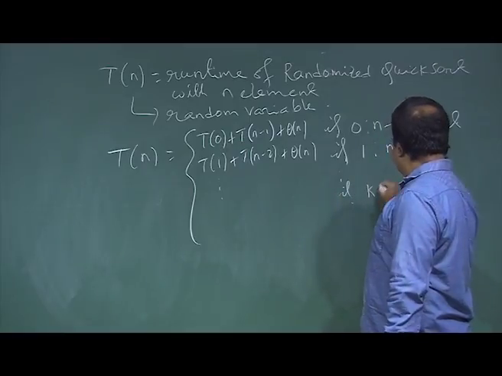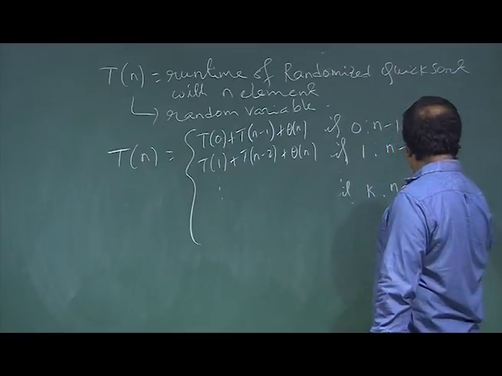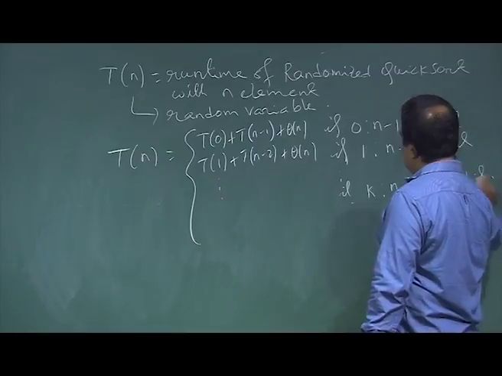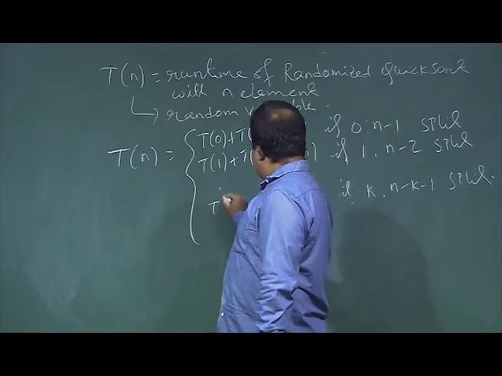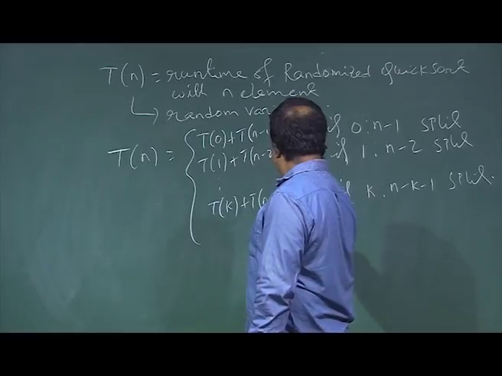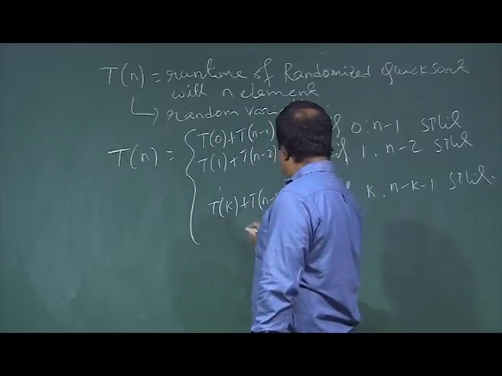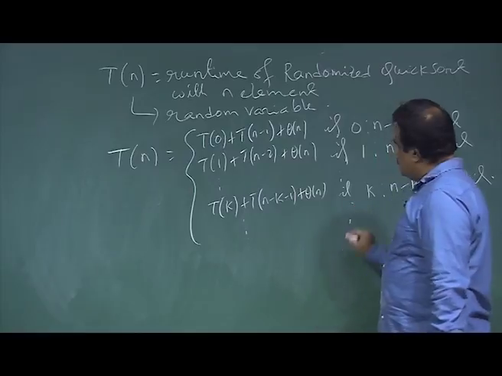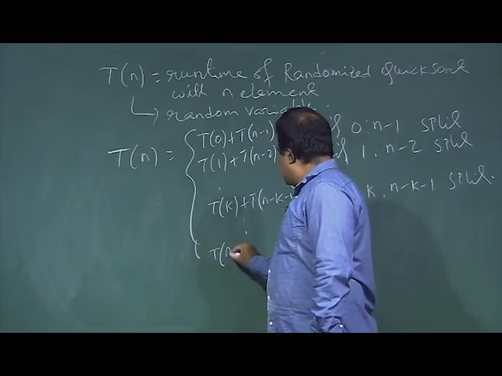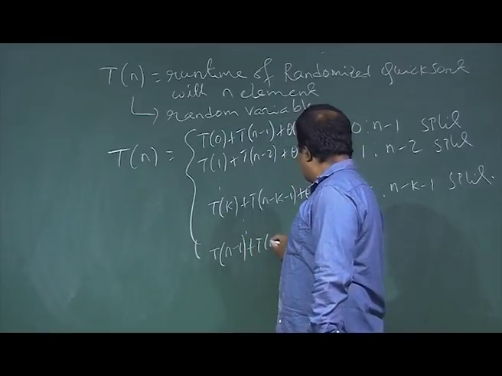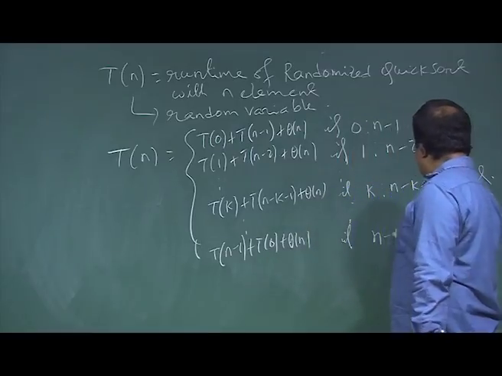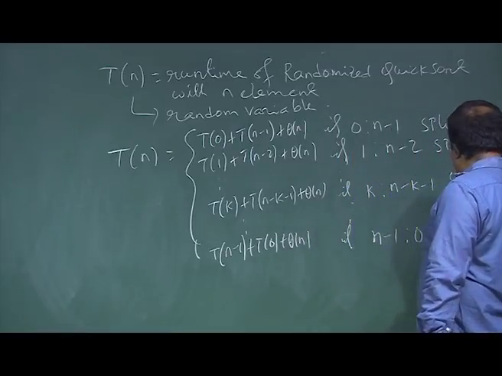If the split is k to n minus k minus 1, then it is Tk plus Tn minus k minus 1 plus theta of n, and so on, up to Tn minus 1 plus T0 plus theta of n, if the split is n minus 1 to 0.